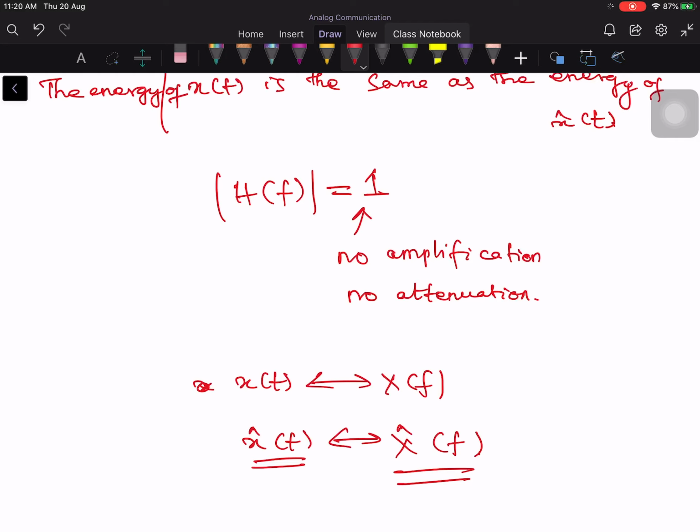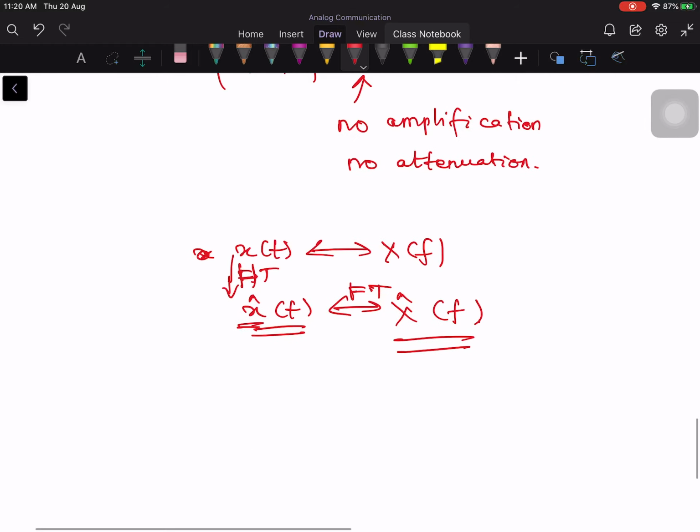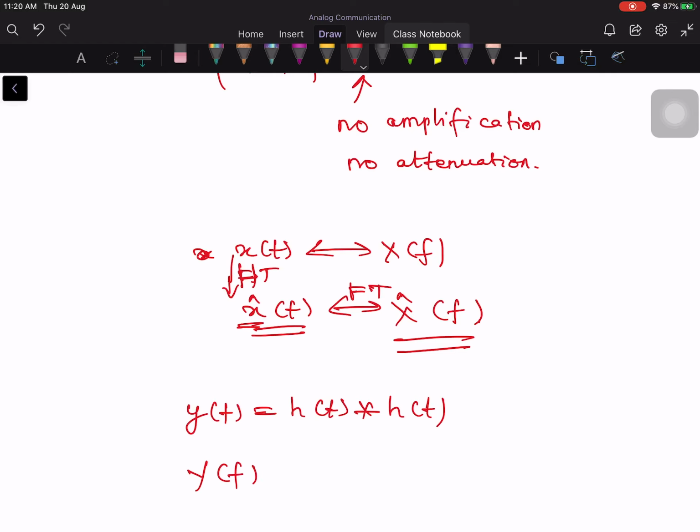That is, you first take x of t, then take Hilbert transform, you will end up with x hat of t, then you take Fourier transform. Okay. Therefore, in the time domain, what is the relation? y of t is equal to h of t convolved with x of t. In the frequency domain, y of f is equal to h of f times x of f. I'm sorry, this is x of t, right?